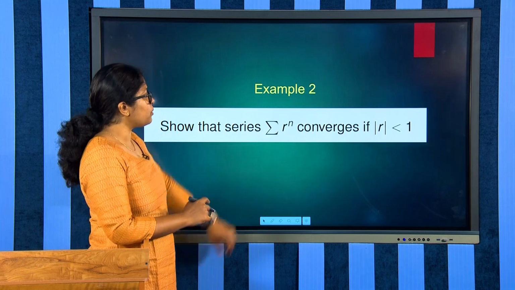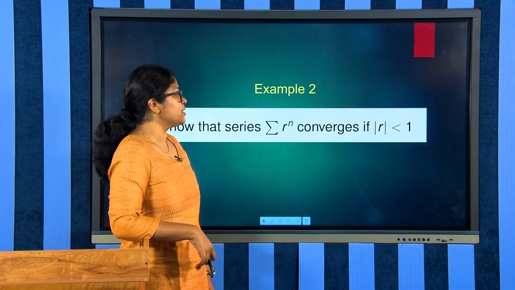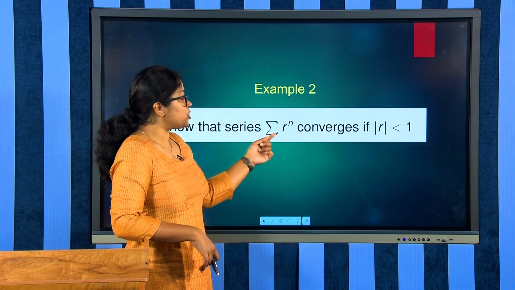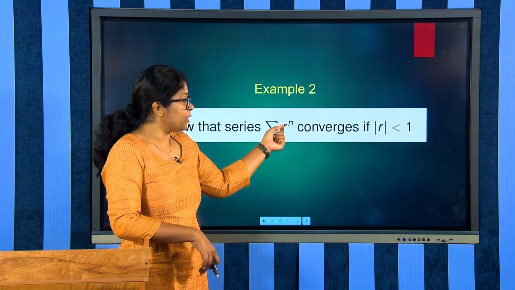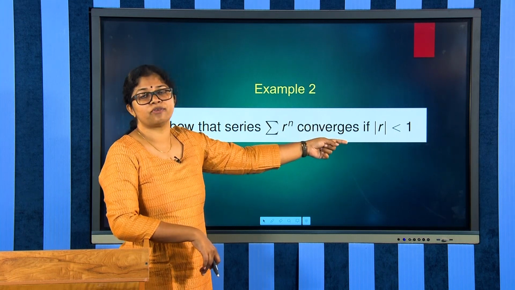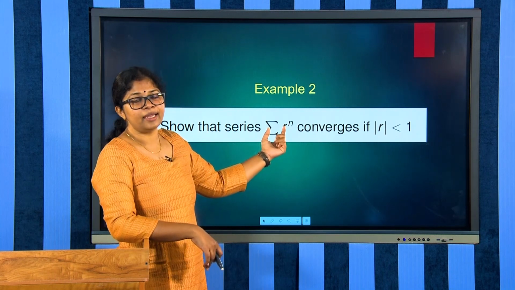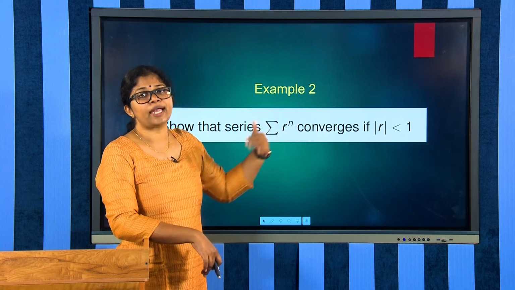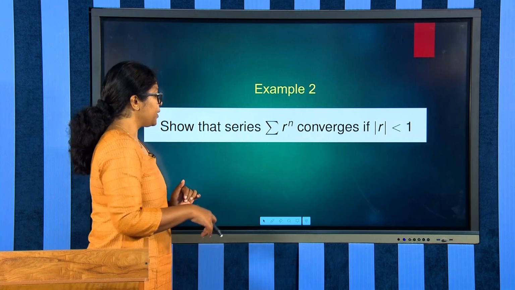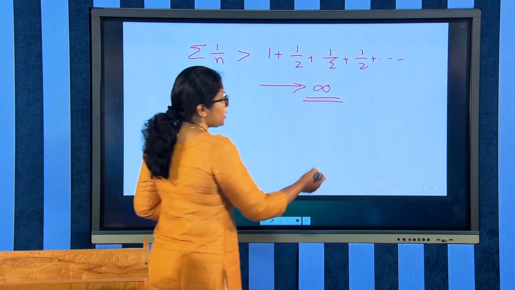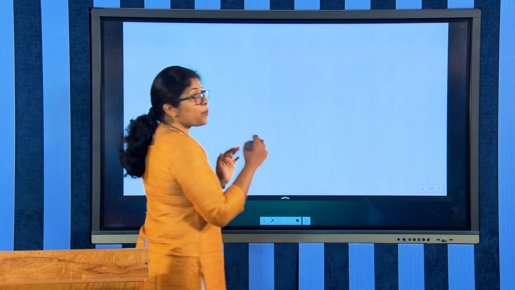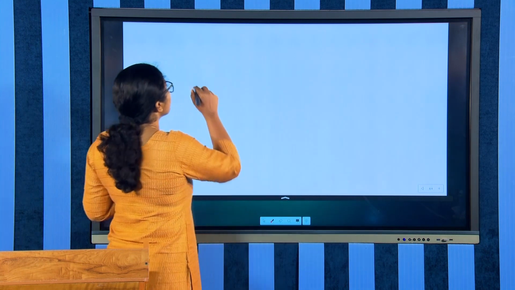Okay. Now the next example that we have is summation r power n converges if modulus of r is less than 1. This summation r power n is a geometric series which we had discussed in the previous class. So we can see its convergence using the sequence of partial sums.